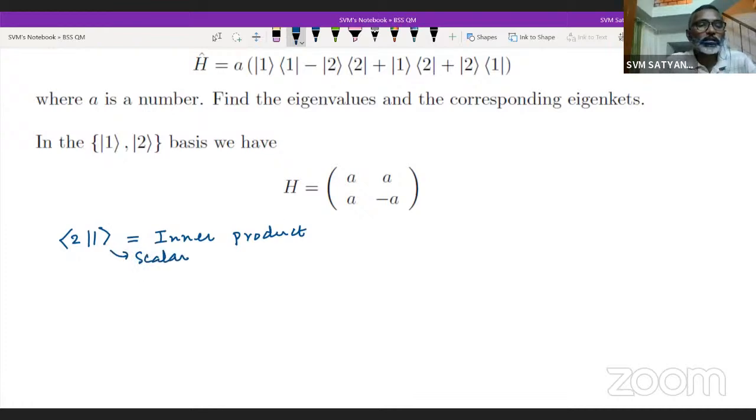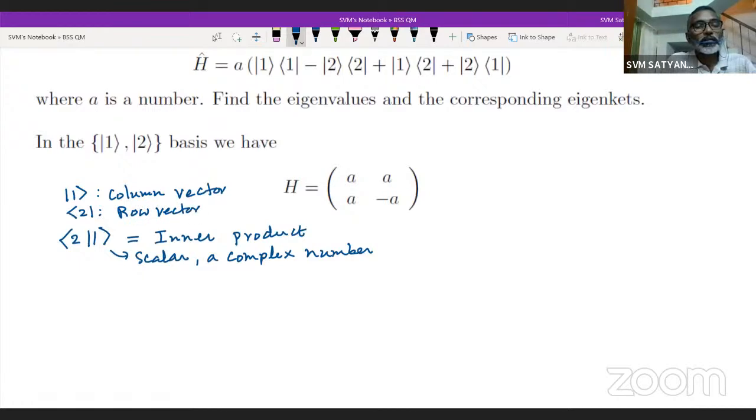Whereas |1> is like a column vector, and <1| is like a row vector, with complex conjugate. Okay, so this is what we know about the Dirac notation.